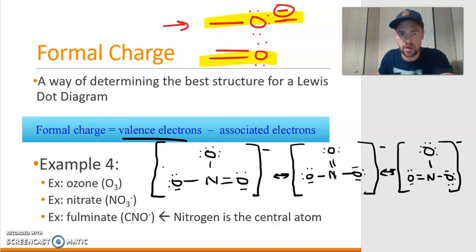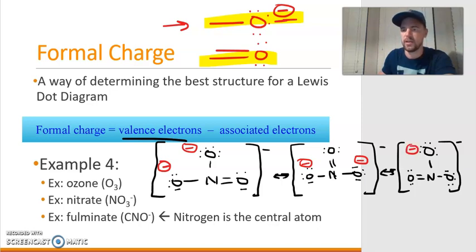So when it's singly bonded, -1, -1, -1, -1, -1 there, and then -1 there. When oxygen is doubly bonded in the terminal position, it has a 0 formal charge. So I don't have to draw a formal charge here, here, or here because it's going to be 0.